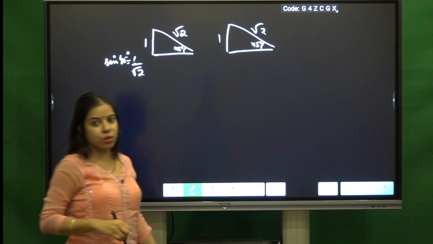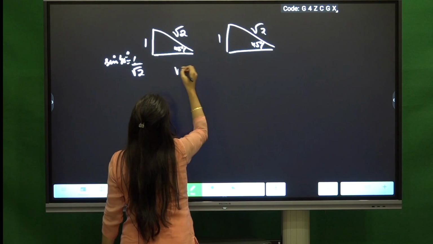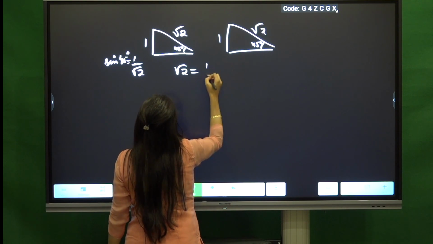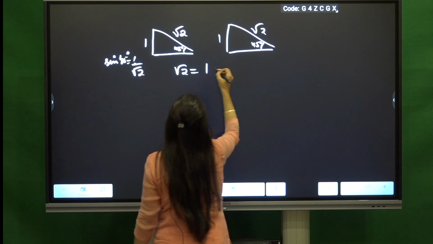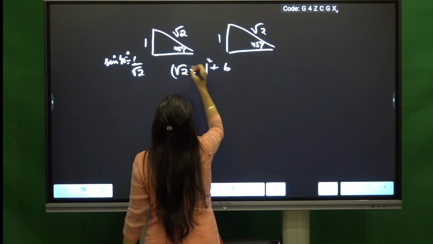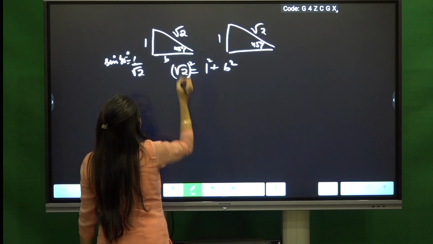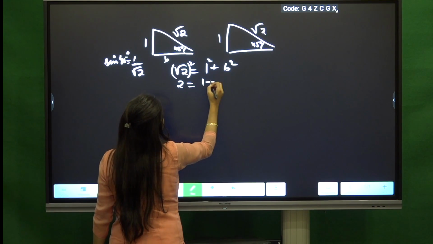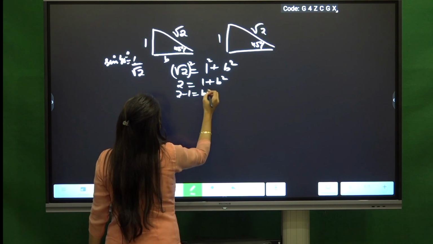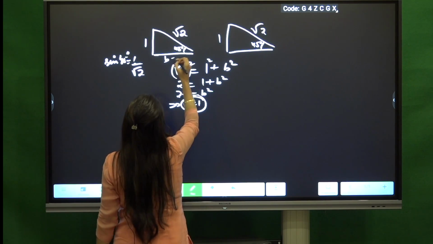with the same measurements. Now, base will be, according to the Pythagoras theorem, 2 equal to 1 plus b square, so b here is 1.